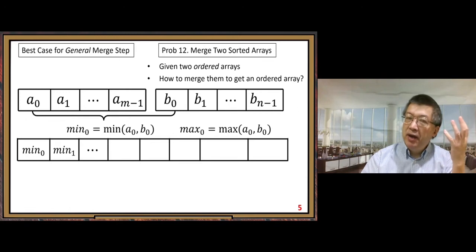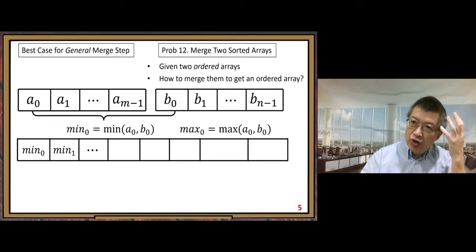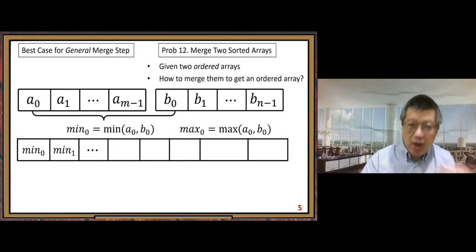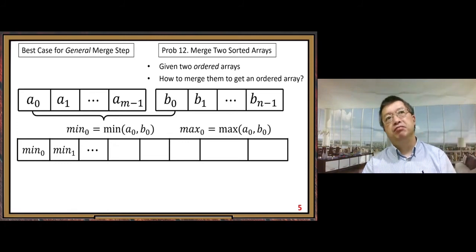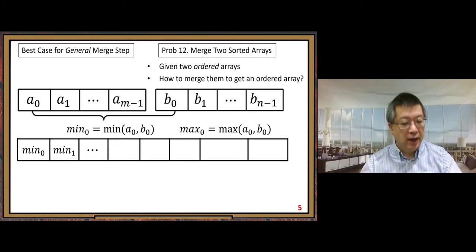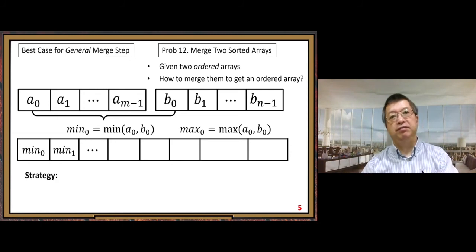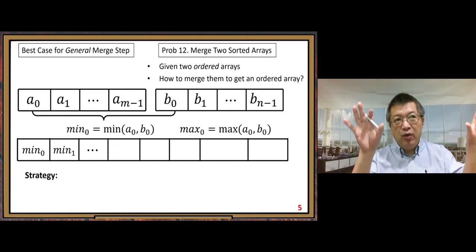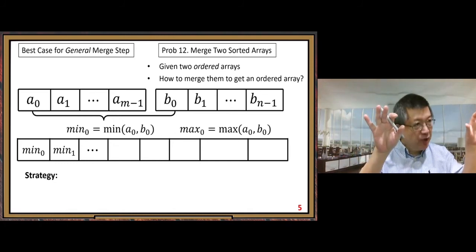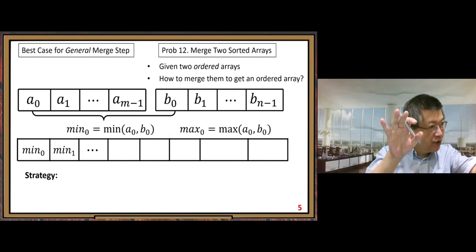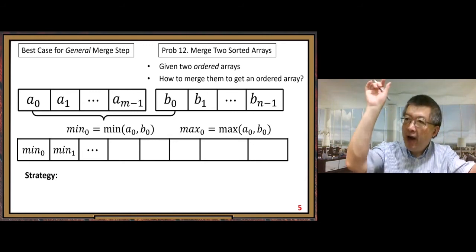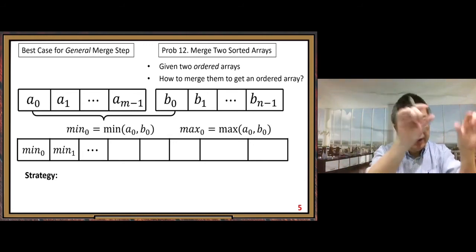We try to get the best case in which we just do the minimum number of comparisons. How to get that? Here, we use this strategy, because in every comparison, we select one element from the first subarray and another element from the second subarray, right?